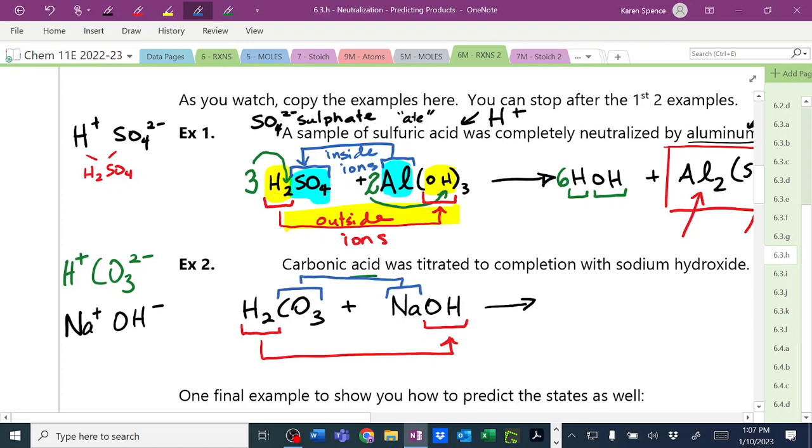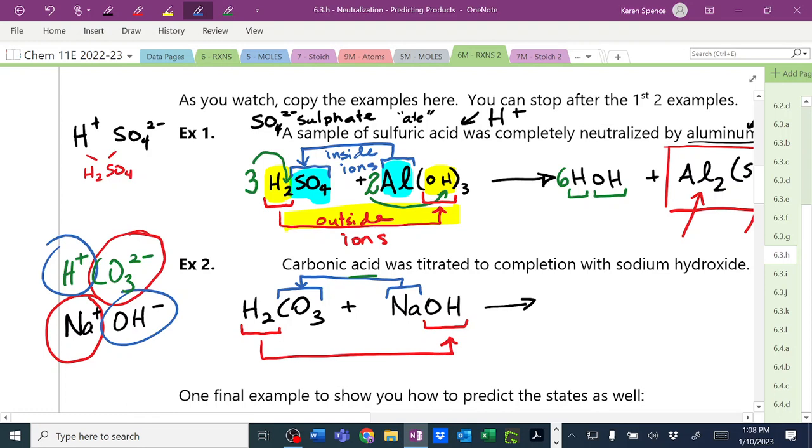And if you wrote your ions over on the left like I did, you can be like, okay, sodium is going to get together with carbonate, right? And hydrogen is going to get together with hydroxide. Ooh, how lovely.